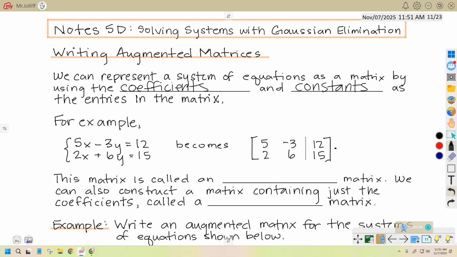And below that you see an example. So we have a system, 5x minus 3y equals 12, and 2x plus 6y equals 15. The first thing you should notice is that these equations are written in standard form.